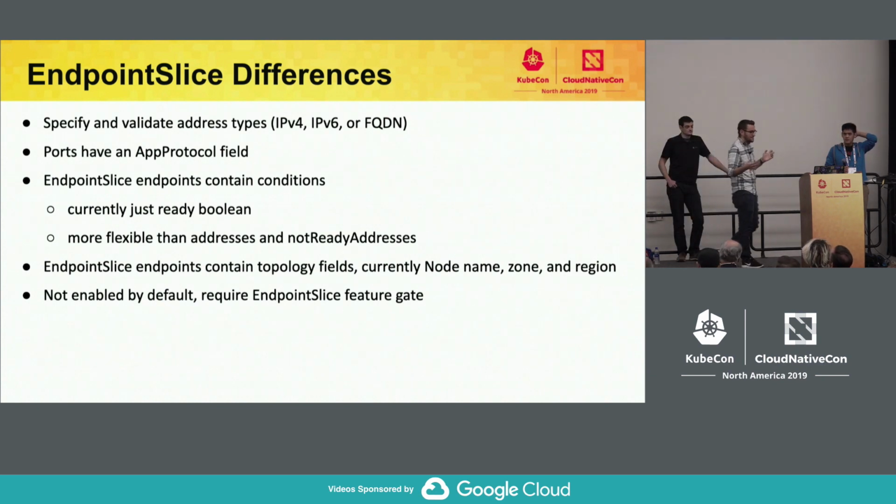And additionally, endpoint slice endpoints contain topology fields. Currently, that's node name, zone, and region, but arbitrary information can be added here very simply. It's just like a labels field, just specific to topology information.